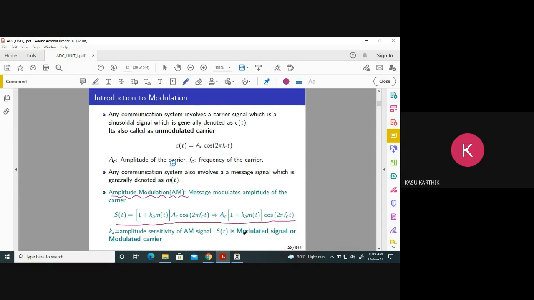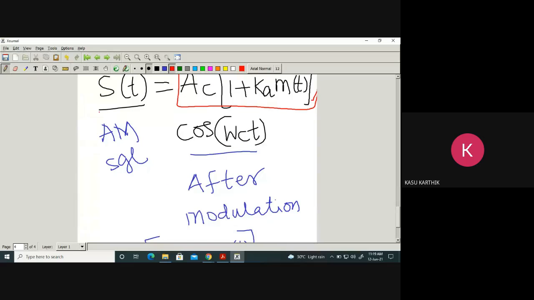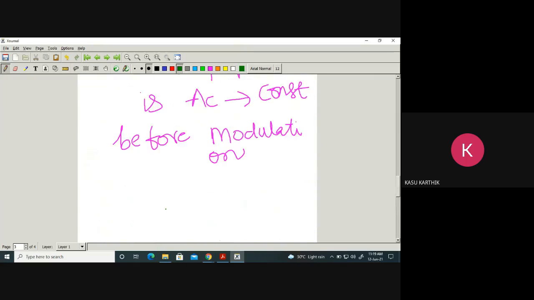S of t is called the modulated signal or modulated carrier, because the carrier is modulated. Here S of t is called the amplitude modulated signal or carrier or modulated carrier. What about this c of t?